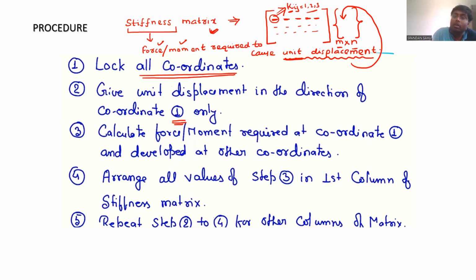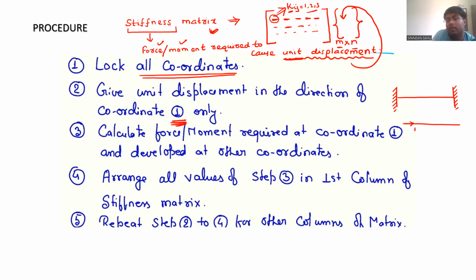So to write all those components, you have to provide unit displacement in the direction of the coordinate you removed. First you locked all the degrees of freedom, then you remove them one at a time. Suppose this is a fixed beam, and in this fixed beam they have shown the coordinates like this.